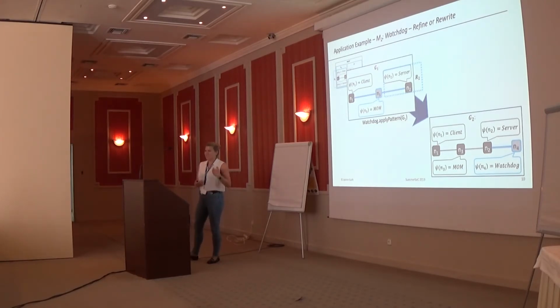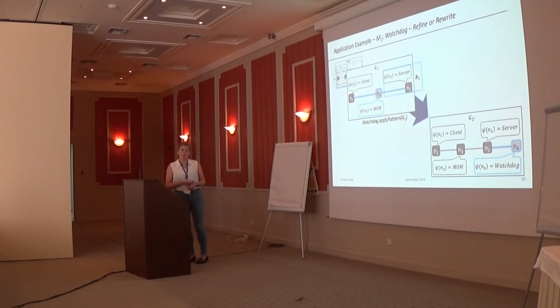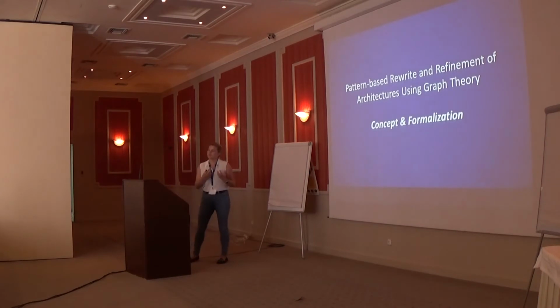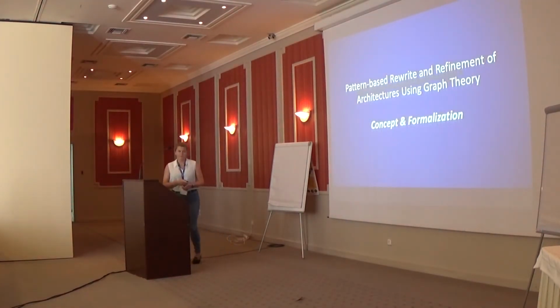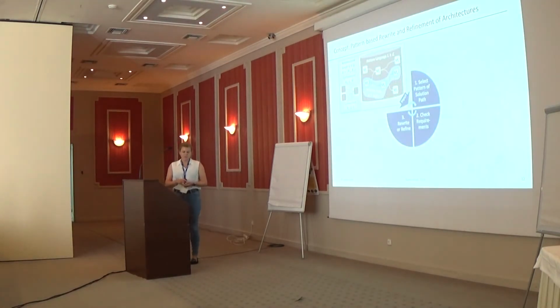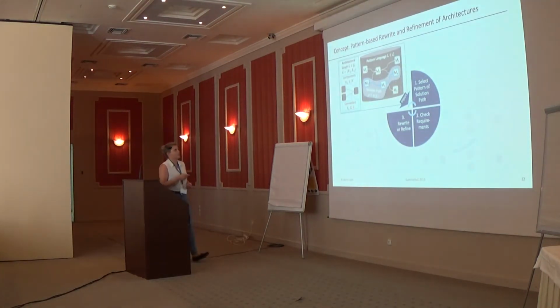So this was a really simplistic application example, and now I want to show you the overall concept and a little teaser of the formalization. So again, we have the input shown up here. On the left-hand side, we have the architectural graph with the components as nodes and the connectors as edges.